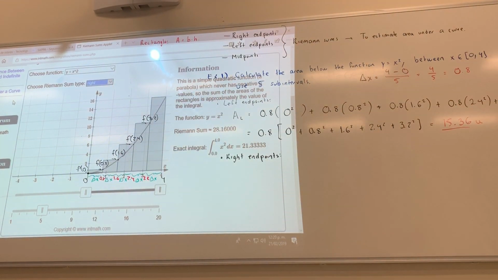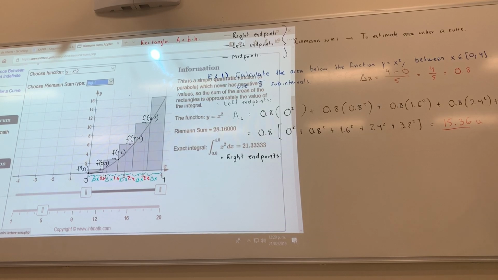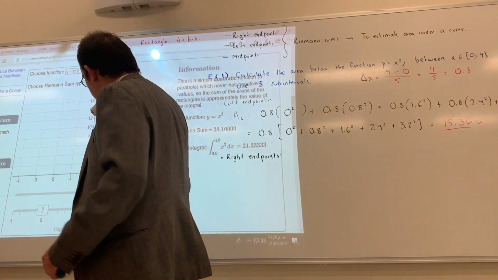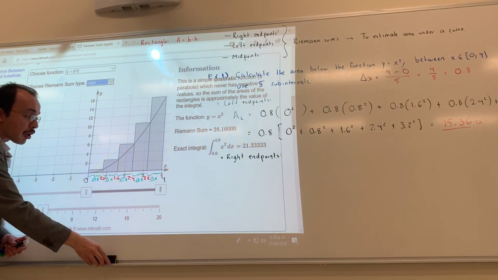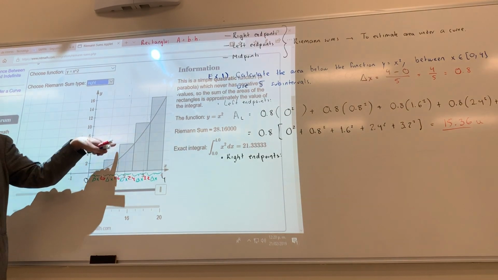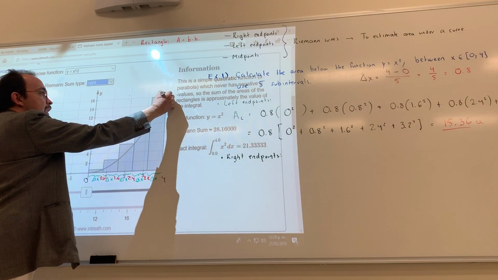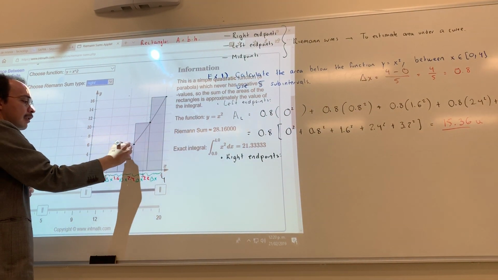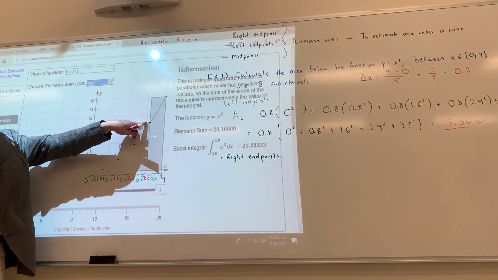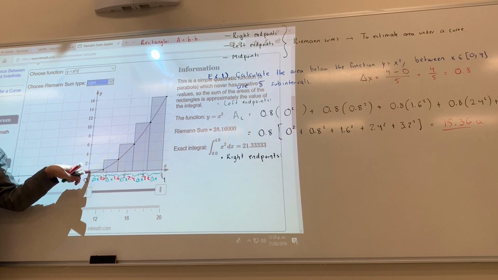No. Not this time. Because since I'm using the right endpoints, the right point of the rectangle is the one that touches the graph. So now I want to find this height, this one, and that one. This is the height of this rectangle, this one, and this one.